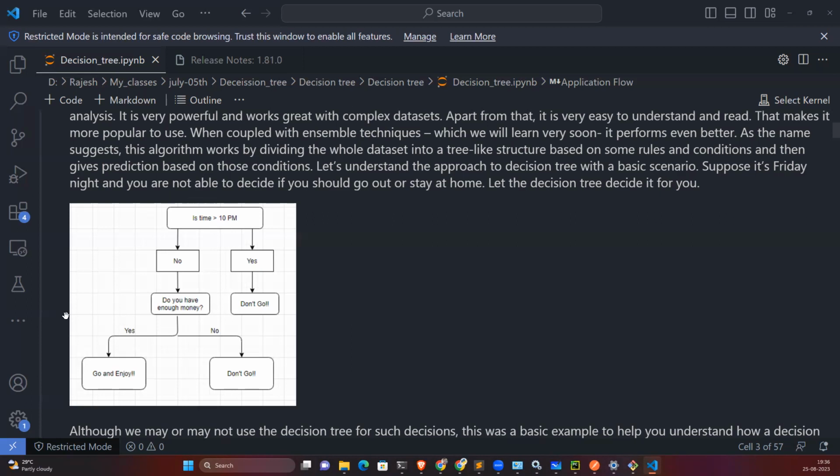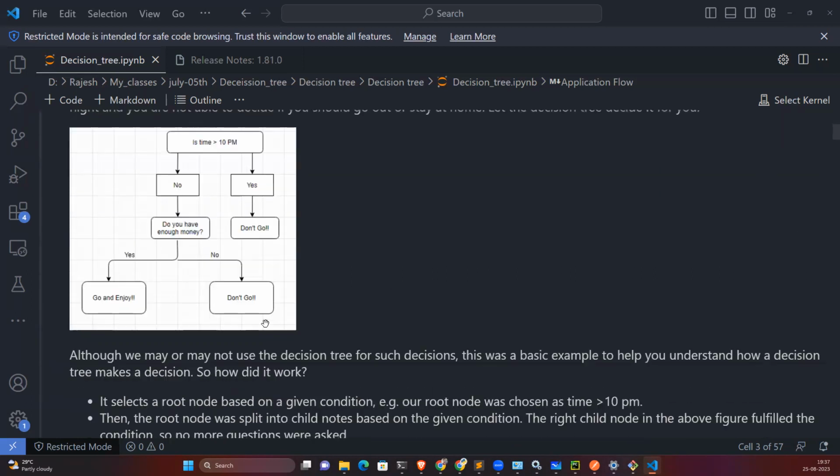So we understood this is a very simple use case, and here we understood the problem, right?